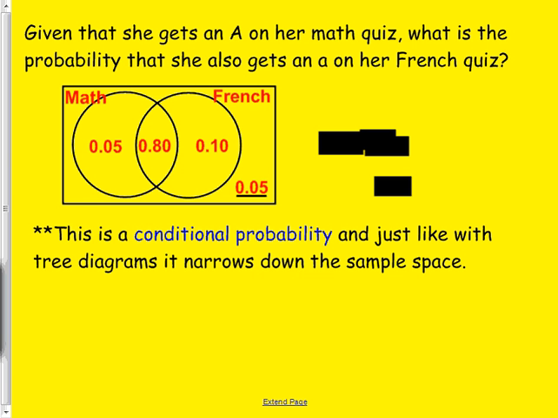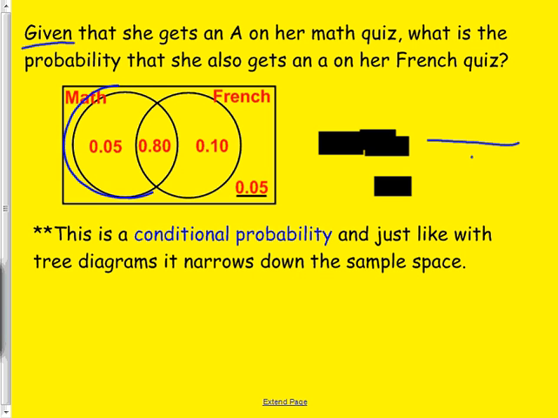Okay, I got your calculator out, not because I didn't think you could add, but because what's involved? Division. All right, so if we're dividing a couple things here, what are we dividing? Well, we have to figure out what's possible first. Given changes the denominator. It's not out of 1 anymore. What's it out of? 0.85.